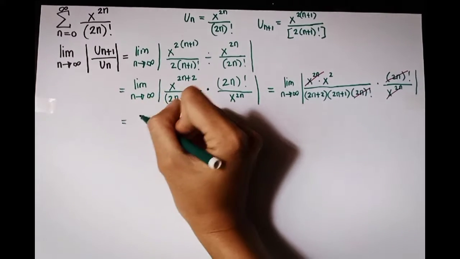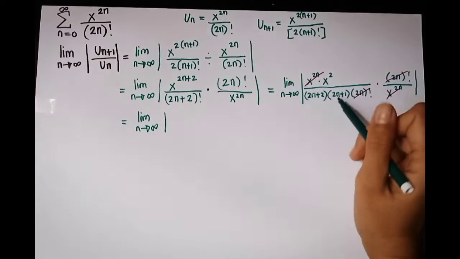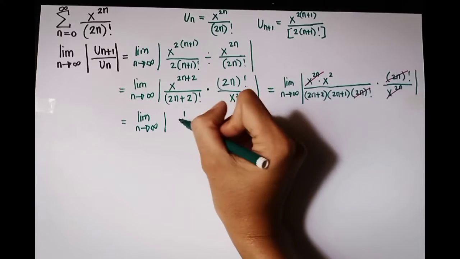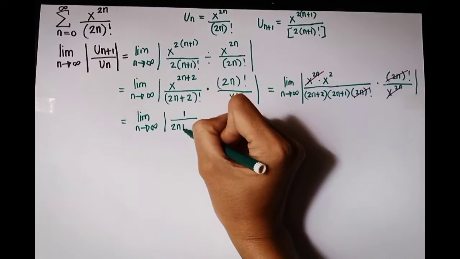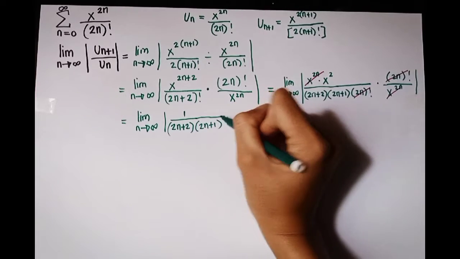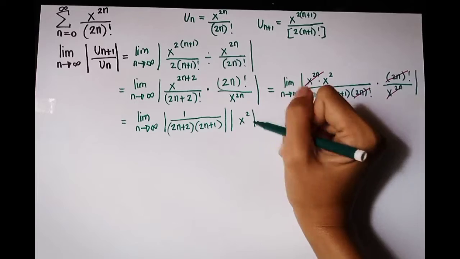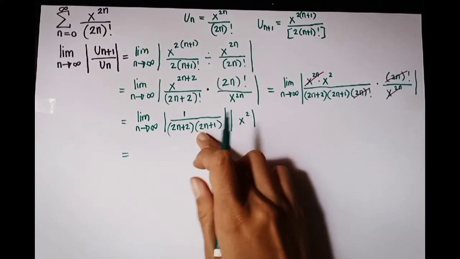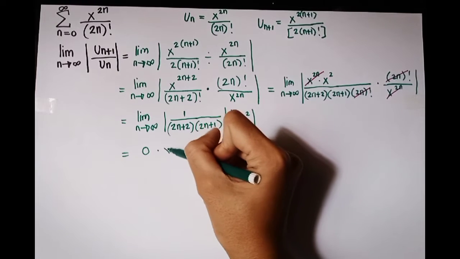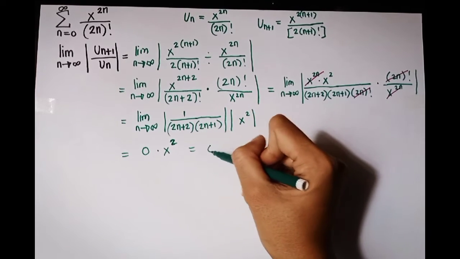We only have left the limit as n goes to infinity. So I will separate the n terms: 1 over 2n plus 2 times 2n plus 1, and the x squared. So the limit here is 0, and 0 times x squared equals 0.